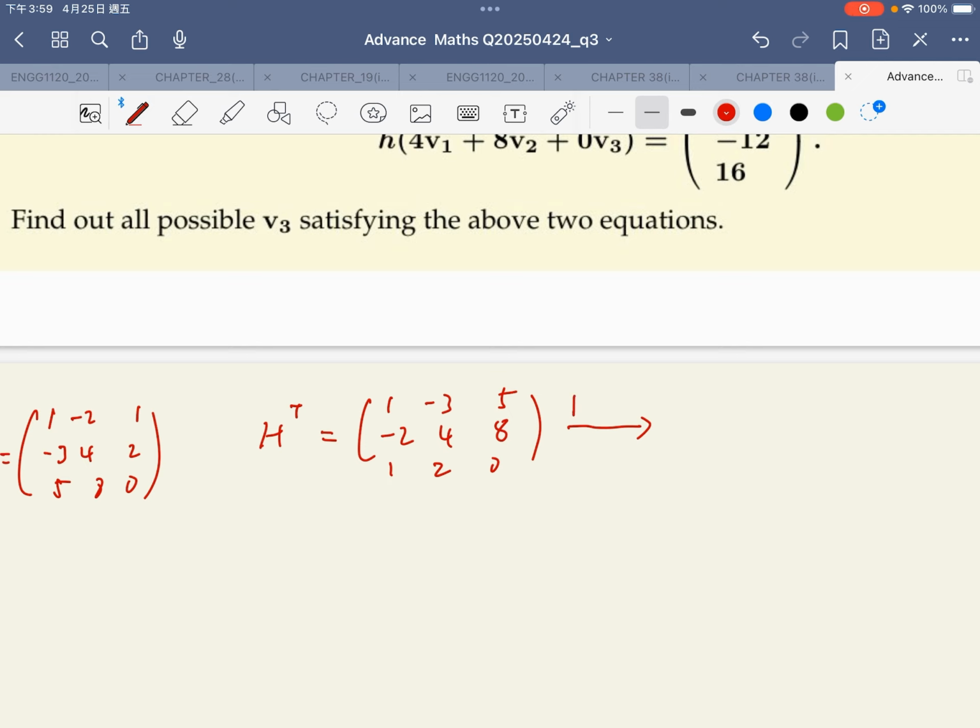Let me see, row 2 plus 2 times row 1: 0, 4 plus -6, that is -2, and -8 plus 10, that is 2. Row 3 minus row 1: 0, 5, -5.